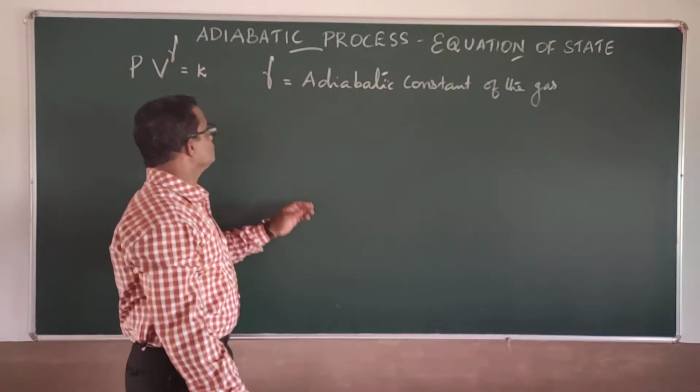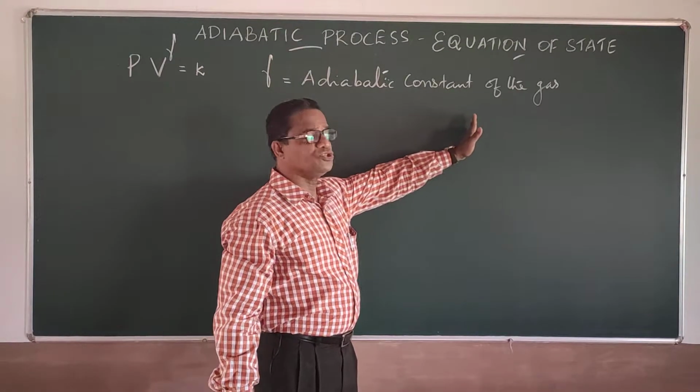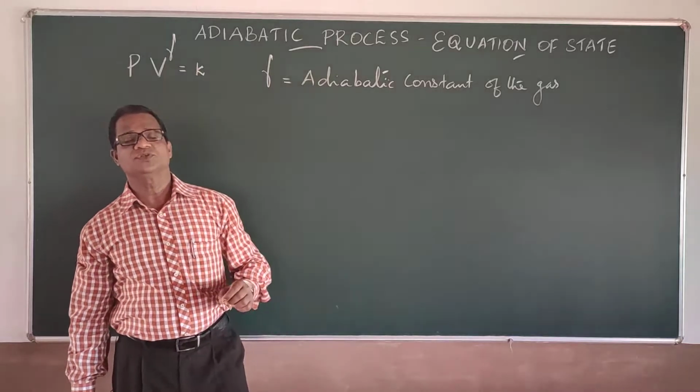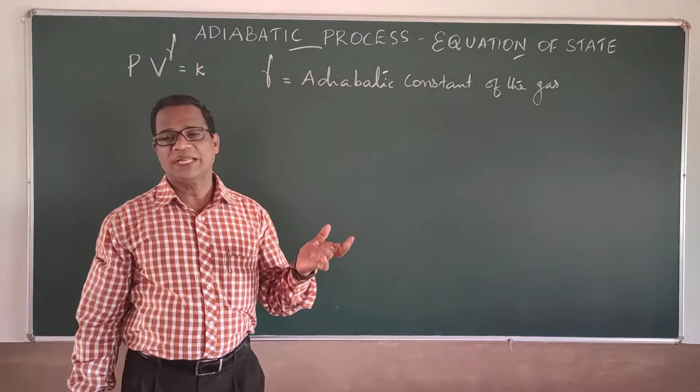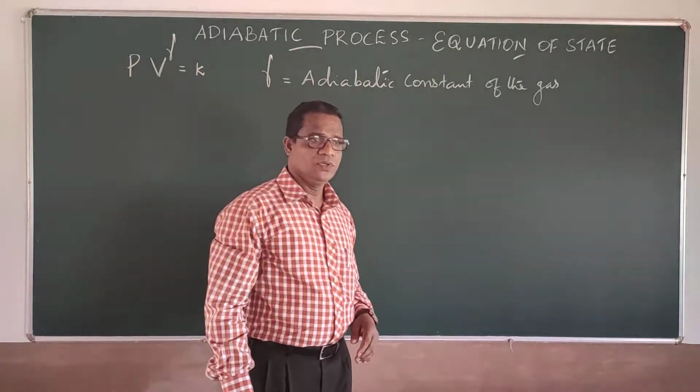So, gamma equal to adiabatic constant of the gas. That constant depends on the nature of the gas. Monatomic gas, one value, diatomic, triatomic, like that it changes.